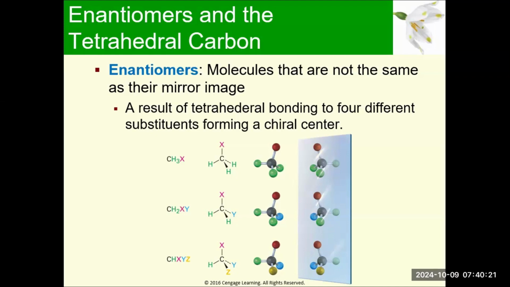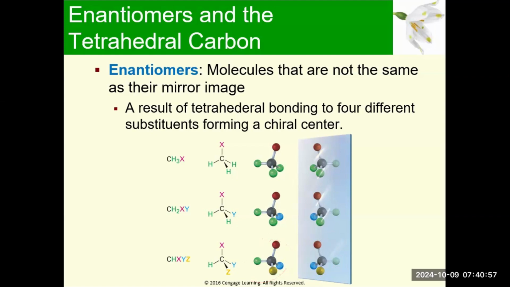So let's look at the bottom example here. We see that the carbon here is bonded to X, Y, and Z, and then we have a hydrogen over here. Notice that when they're bonded to 4 different things, the mirror image is not superimposable onto the original molecule.